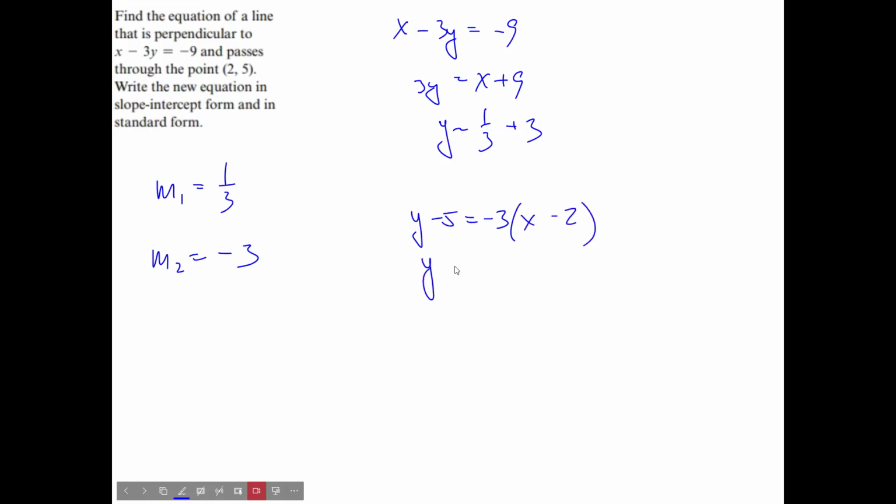So y minus 5 equals minus 3x plus 6. So y equals minus 3x plus what? 11. Yes? If I want that general form, I would do this. So that's two perpendicular lines.